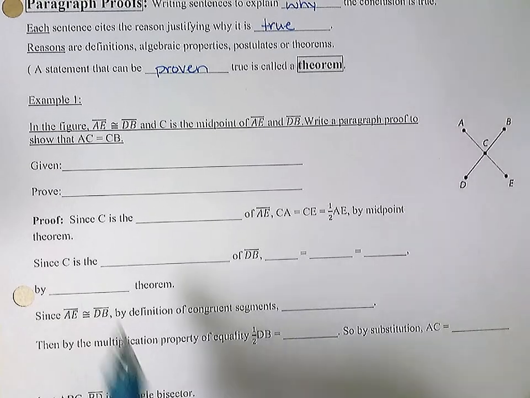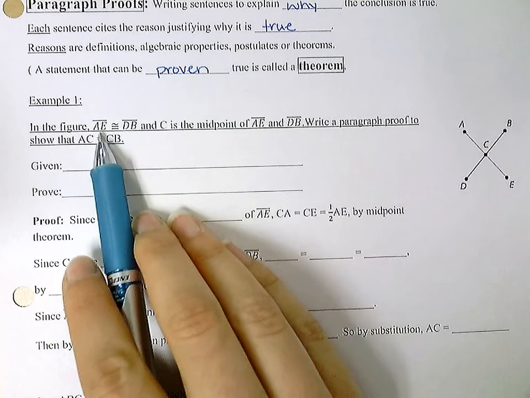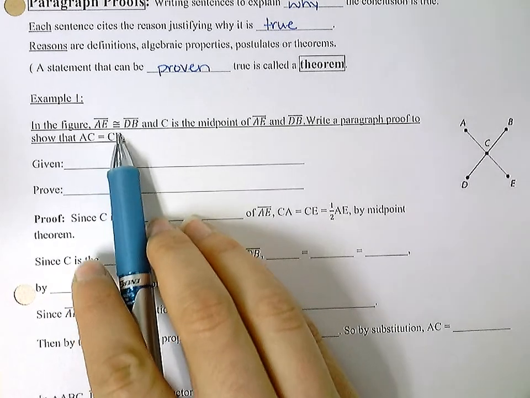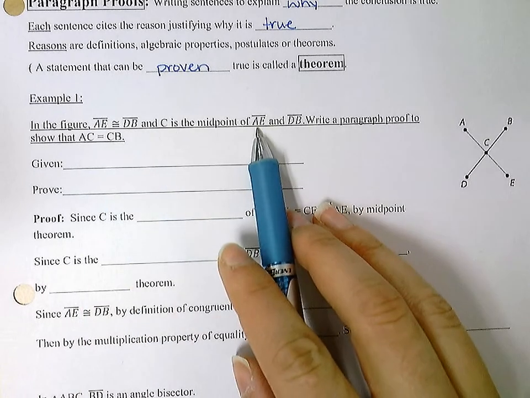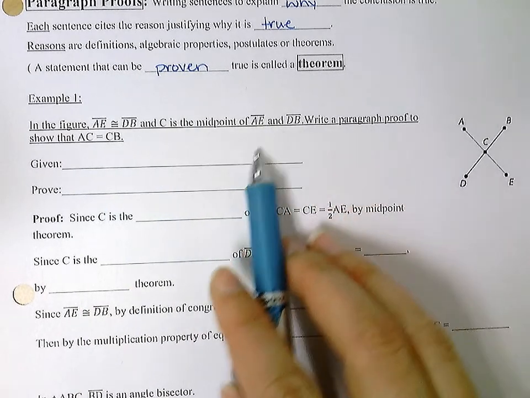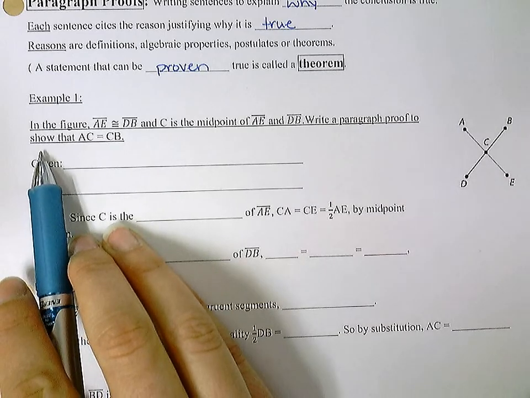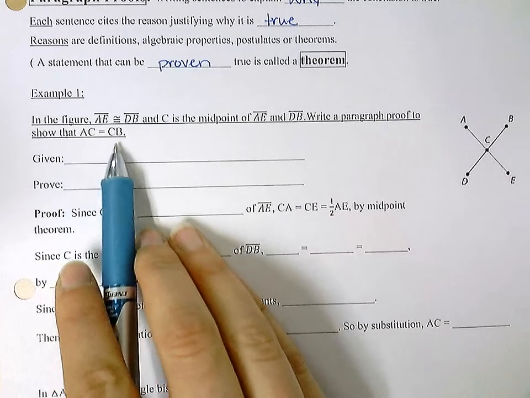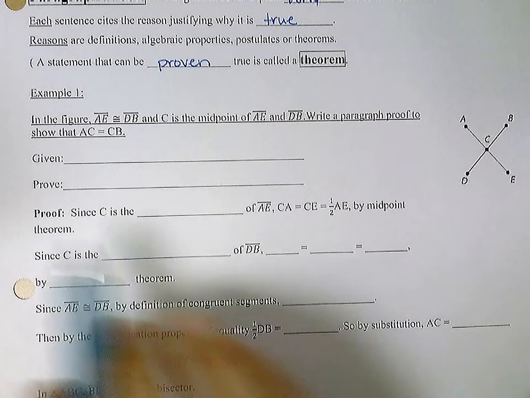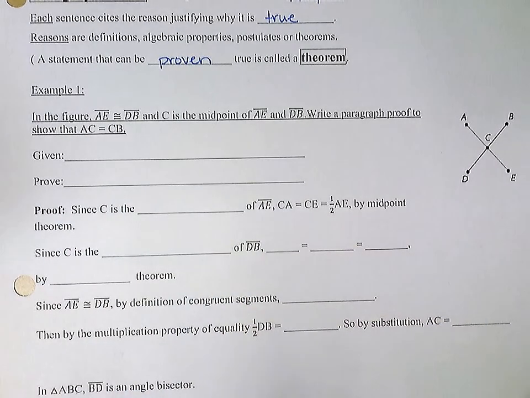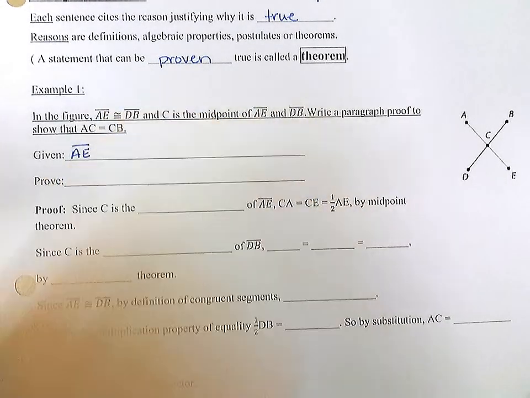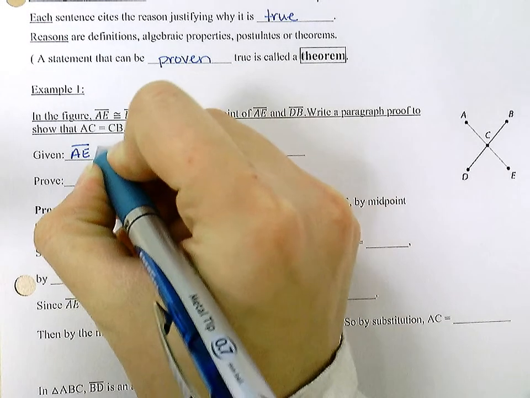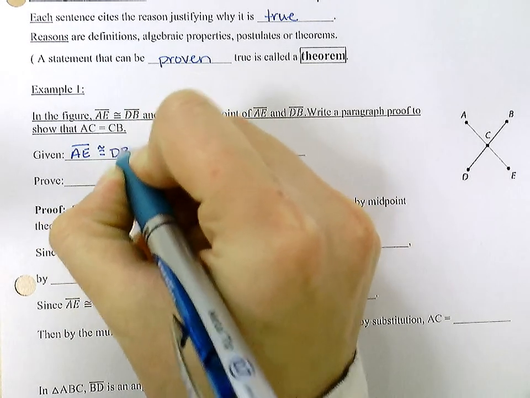So in the figure, segment AE is congruent to segment DB, and C is the midpoint of AE and DB. We have to write a paragraph proof to show that AC is equal to CB. So I want you to rewrite your given so you know what information you're given. In our figure, we have segment AE is congruent to segment DB.